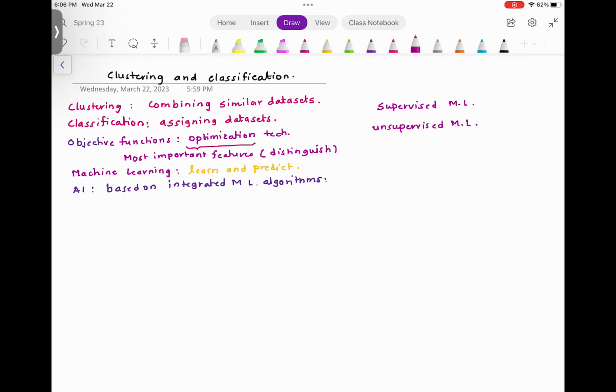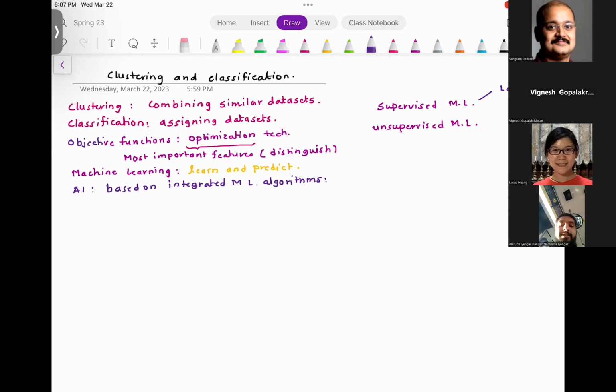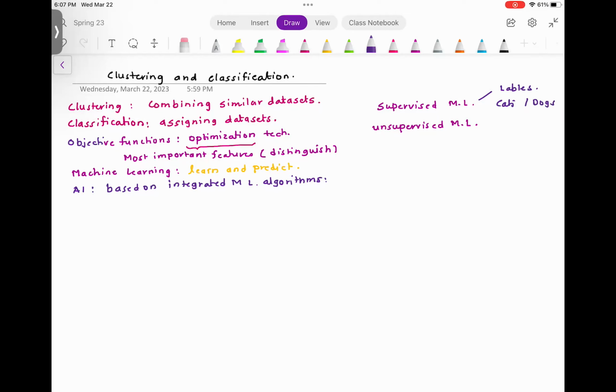Now what does it mean when you have supervised machine learning? In supervised machine learning, you already know the labels of the data. So for example, if you have a data set that comprises cats and dogs, then you have cats and dogs labeled. So that's supervised machine learning.